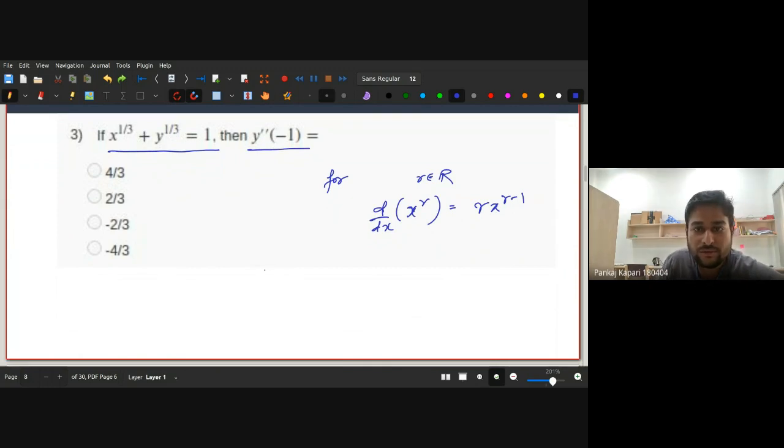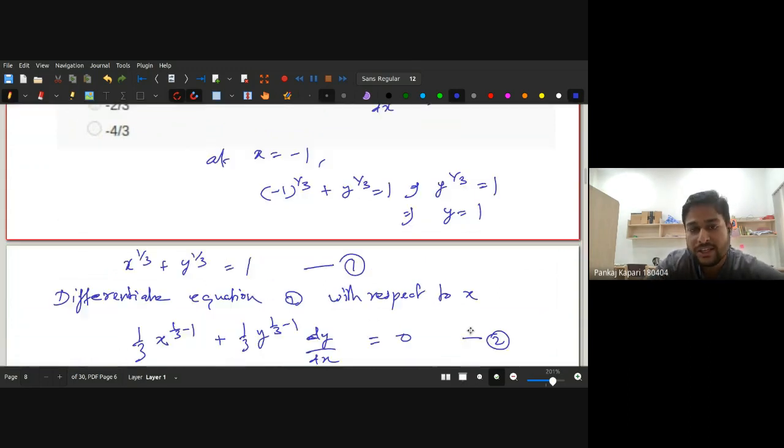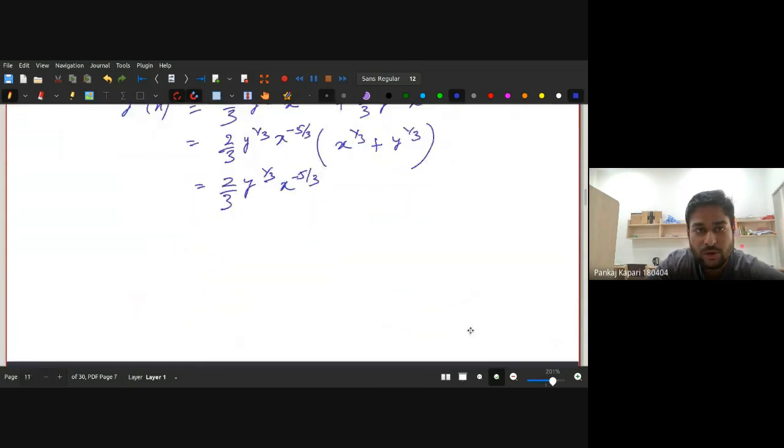So let's find out. At x equal to minus 1, what is 1/3 of minus 1? So this is equal to 1, and this will imply that y to the power 1/3 is equal to 1, and that will imply that y is equal to 1. Okay, so at x equal to minus 1, y is equal to 1.